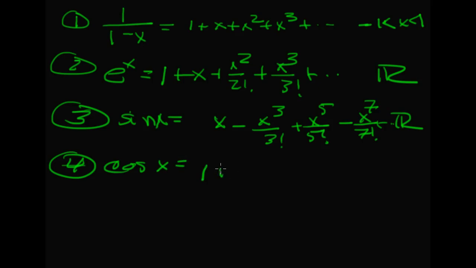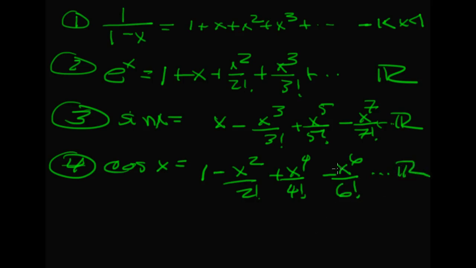So it starts with a positive, moves to a negative, positive, negative, and it just adds up all the even terms, alternating from positive to negative, and that's good for all reals. These four series you need to know.